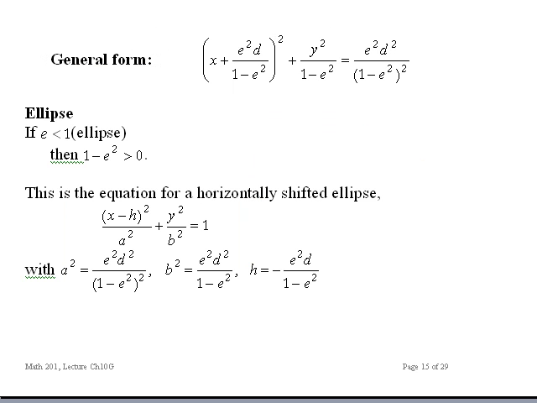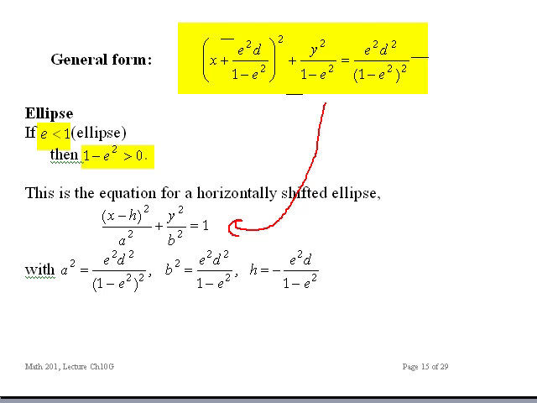Now I'm going to point out what we do again, not going through all the algebra. Here was the general form at the bottom of the previous slide. Now for an ellipse, I know that the eccentricity is less than 1, so I know 1 minus e squared is greater than 0. I can do some manipulation to this general form and rearrange it into the form for an ellipse.